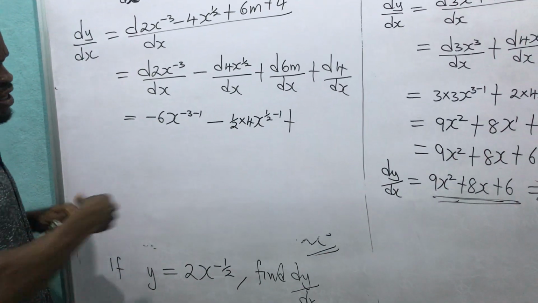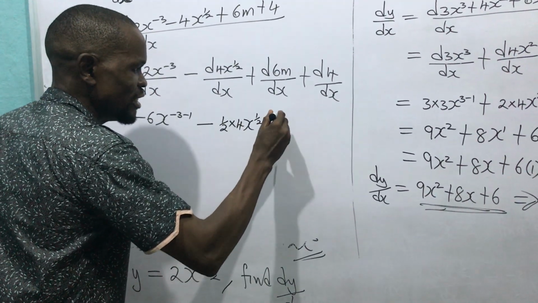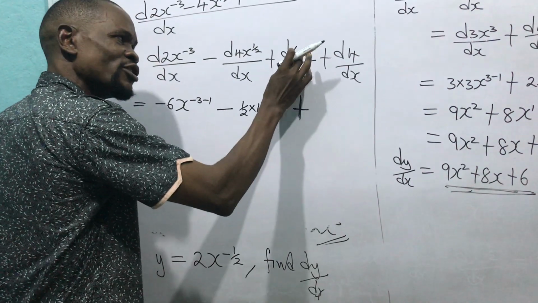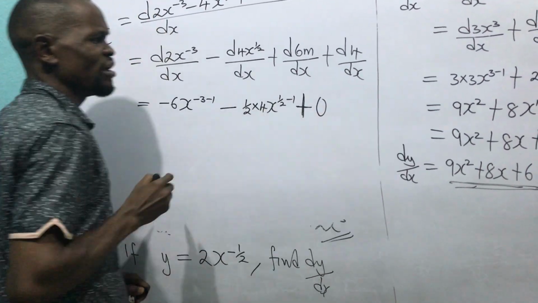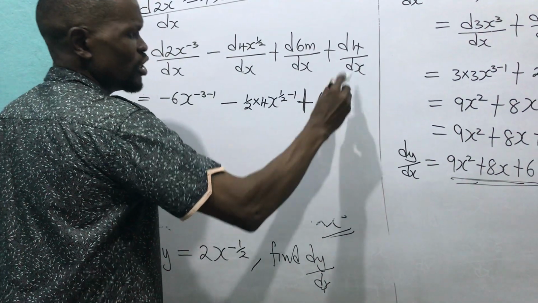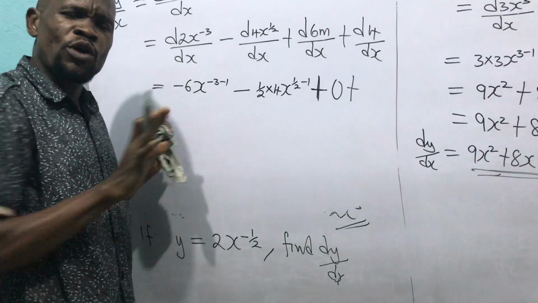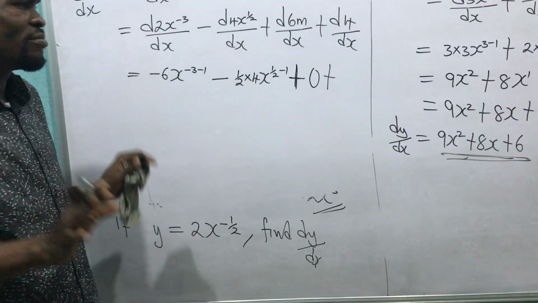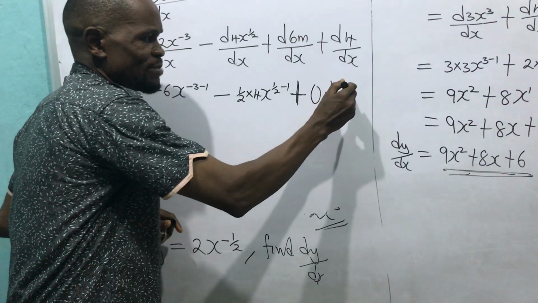What it contains is m, and it is now constant, because it does not contain x. And since it's a constant, we differentiate it to give us 0. Plus this term as well does not contain x. It has become a constant because it doesn't have x with it. If we differentiate it, because we are differentiating in respect to x, this will give us 0.